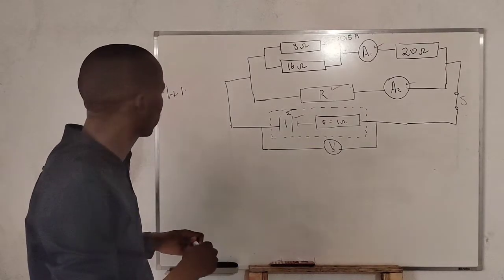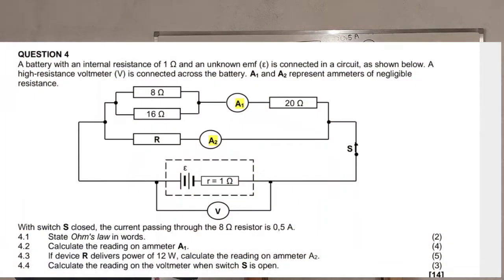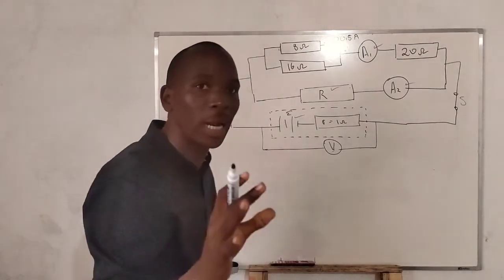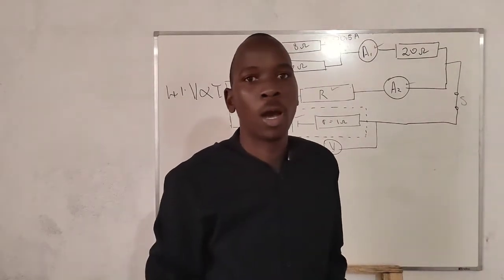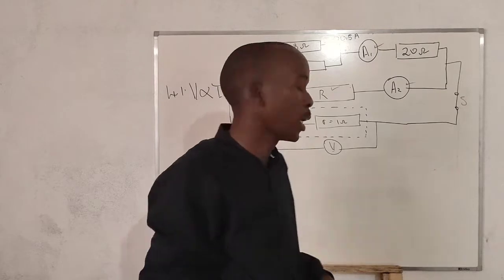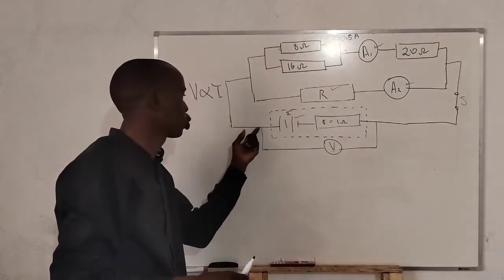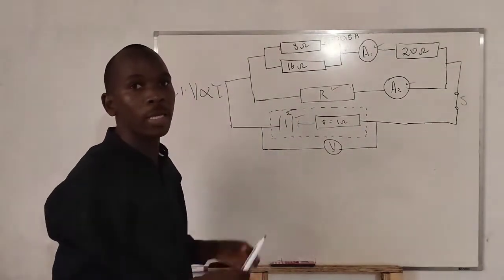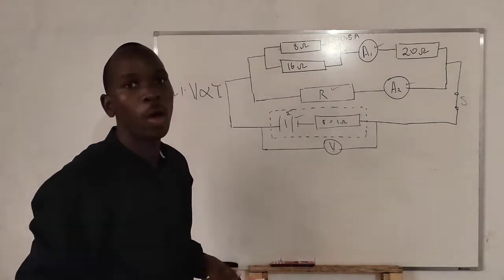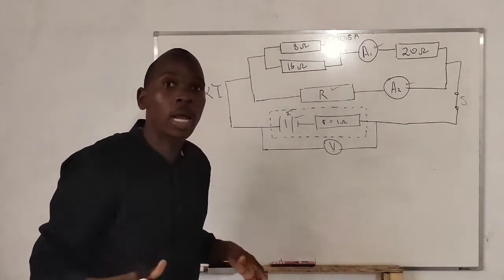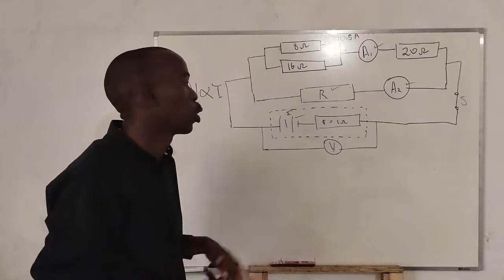The first question requires us to state Ohm's law, for 2 marks. It says that the potential difference across a conductor is directly proportional to the current flowing through the conductor, provided the temperature is constant.